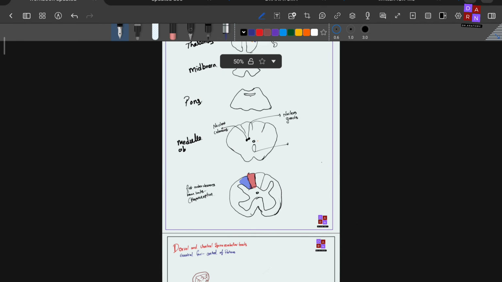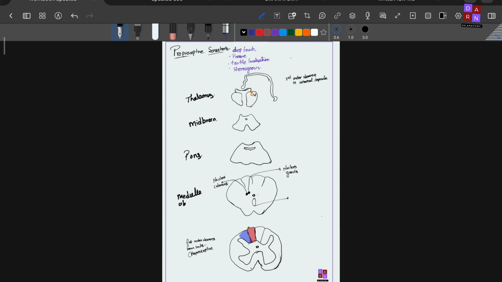The tracts will start like this. The first order neurons start from the spinal cord, taking deep touch, pressure, and tactile sensations. It goes into the dorsal white column of the spinal cord and ascends upwards to the medulla oblongata, where it enters the nucleus cuneatus.